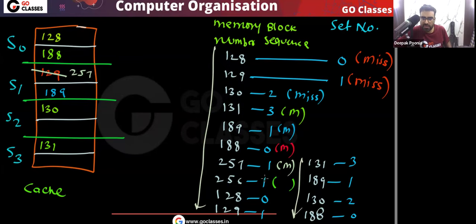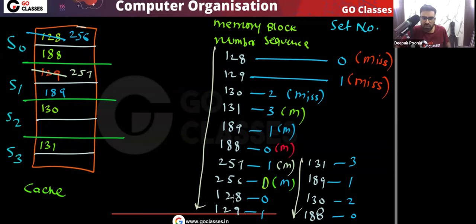This 256 will map to set number 0. Set number 0 is already full, so we need to replace one of them with main memory block number 256. So we apply the LRU replacement algorithm, and this 128, because this is the least recently used, I can replace with 256. Yes, this is a miss.